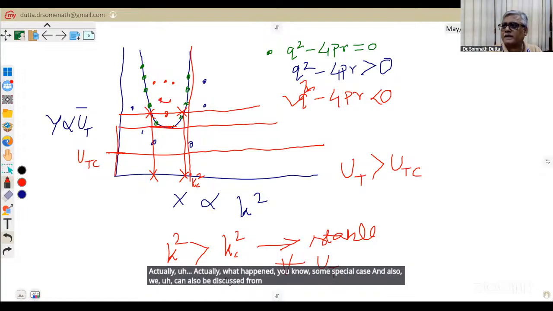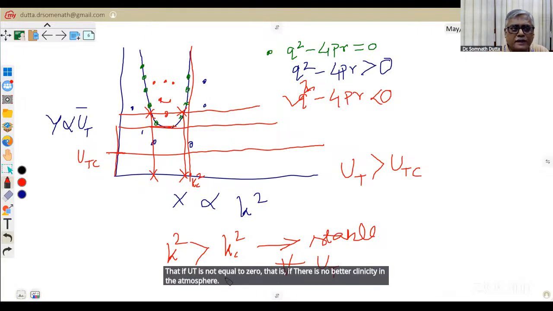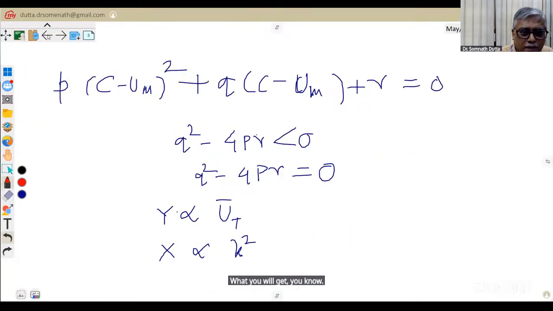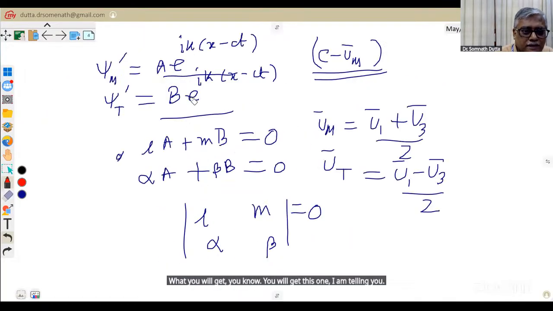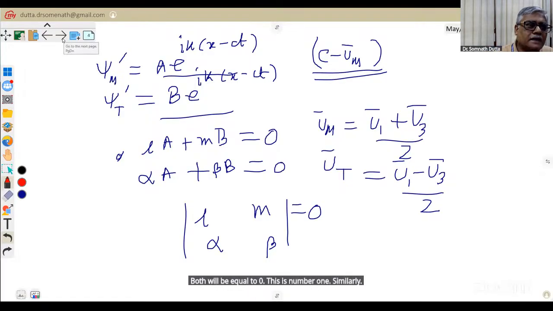One special case is that if ut is equal to 0, that is, if there is no baroclinicity in the atmosphere, you will get both this A and B equal to 0. This is number one. Similarly, if you don't take the rotation, then also some effect is there.